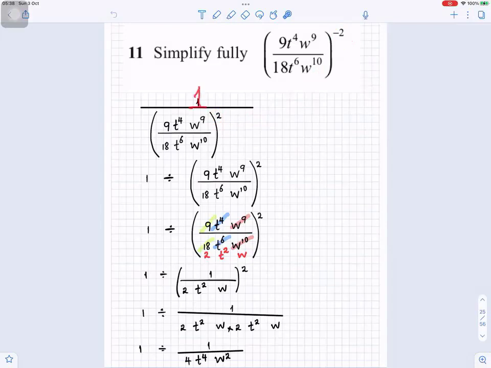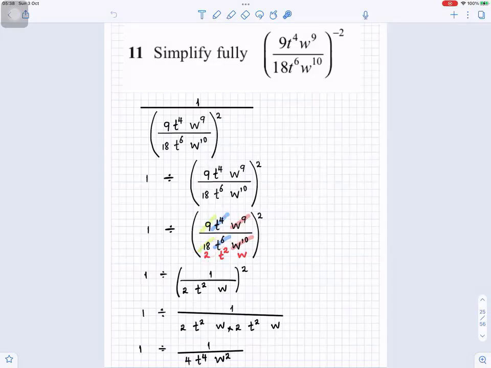So it's now 1 over, and that means divide: 1 divided by all of that. So we can simplify 9 and 18. 9 divided by 18 is a half. 9 divided by 9 is 1, 18 divided by 9 is 2.